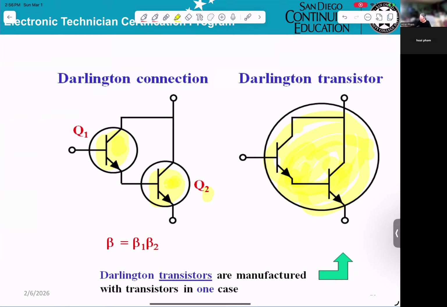That's what they call a Darlington transistor. Manufactured with two transistors in one package. Okay? Again, anytime you're working with this kind of circuitry, be very, very careful. Otherwise, anything shorted to ground will be burned out.